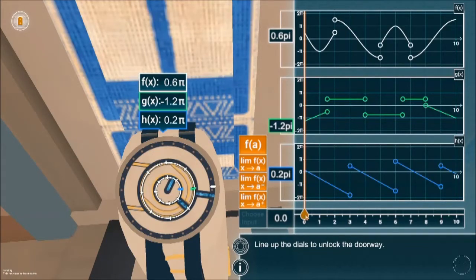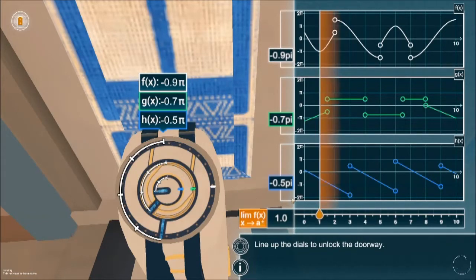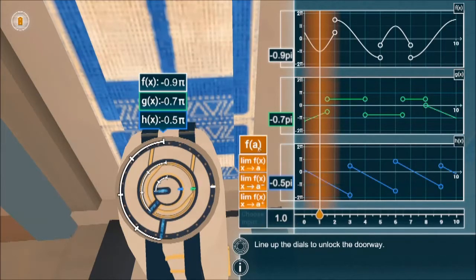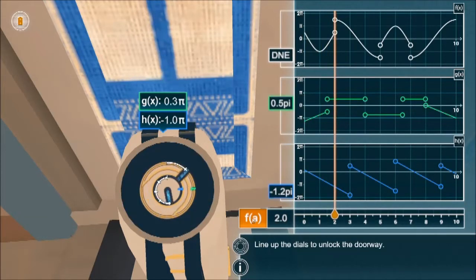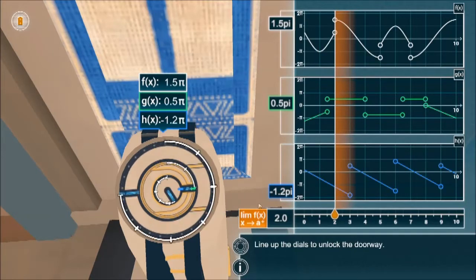This is fun. So let's figure out the individual values that we want out of each graph. So for the blue, if we have negative pi, that doesn't do the job. Wait, that's negative 0.9. But if we do the positive, that's weird. Oh, doesn't exist, of course. Positive? Nope, that's way too far.